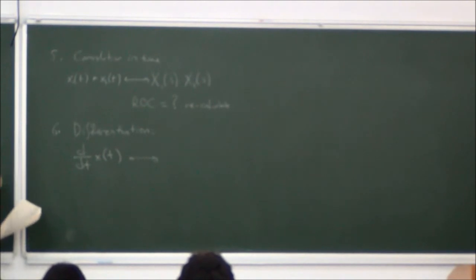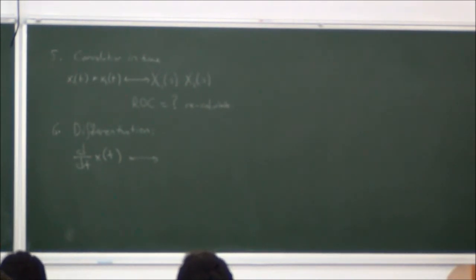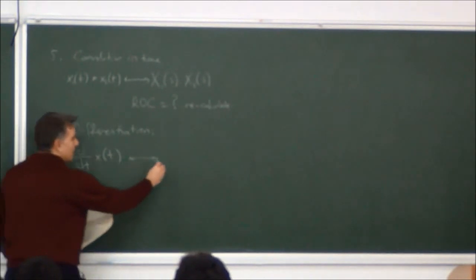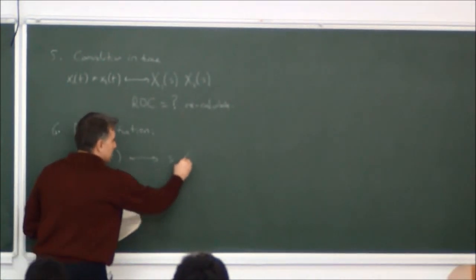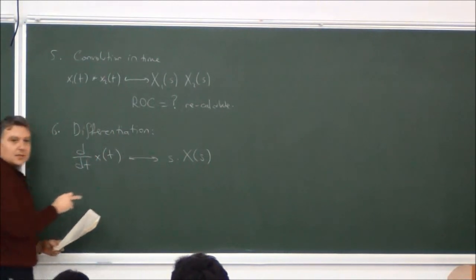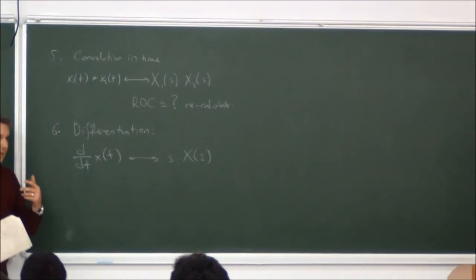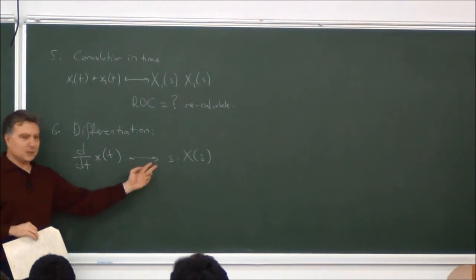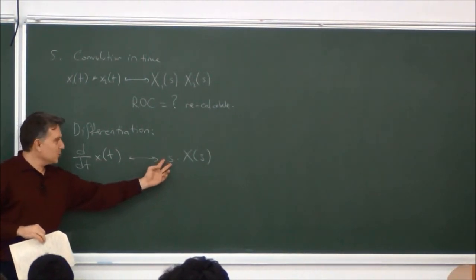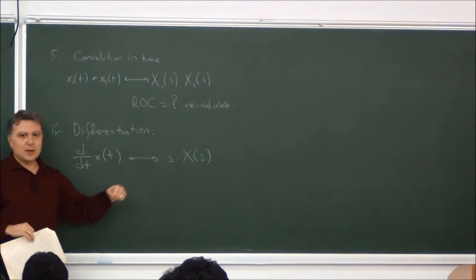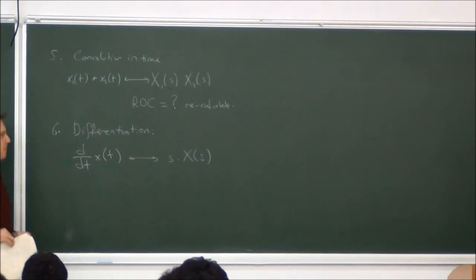If you differentiate x of t in time, that corresponds to, in Laplace domain, multiplication with an s. And that is something we are very familiar with, right, from the differential equations. And even in the Fourier transform case, it was something familiar. We were just using j omega. Now we are using sigma plus j omega, which is s.